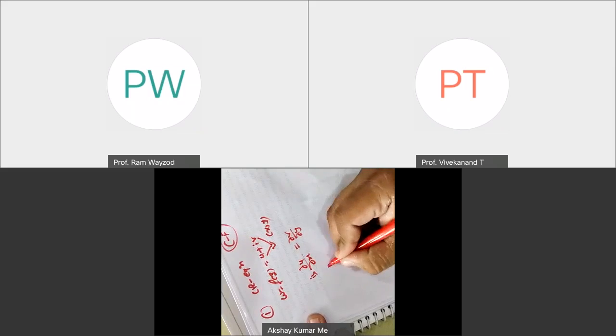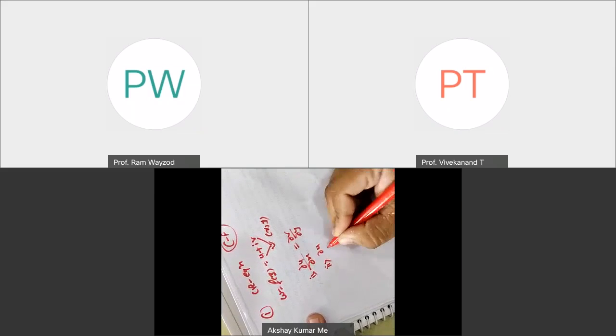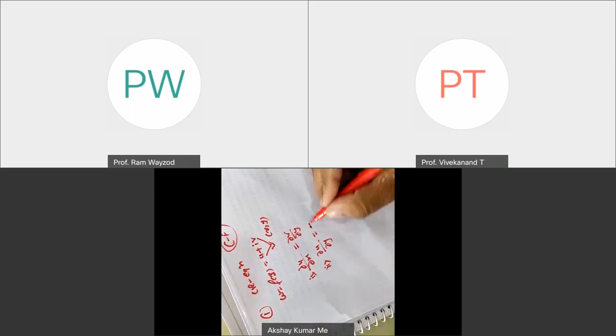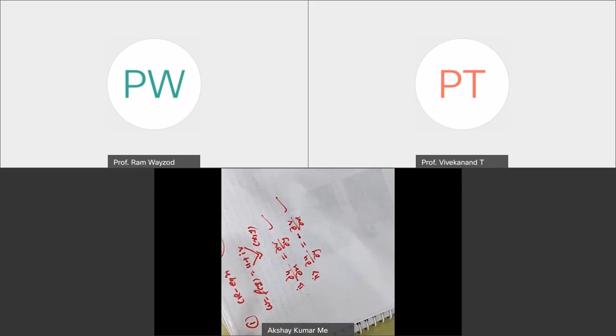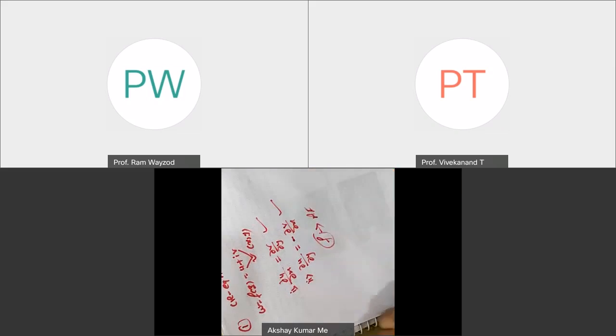Second, del u by del y is equal to minus del v by del x. If both these conditions are satisfied, then we say the given function is an analytic function.